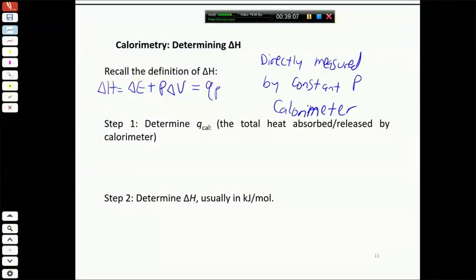So the first step is to determine the heat that's absorbed or released by the calorimeter, and that comes from the same setup that we talked about earlier.